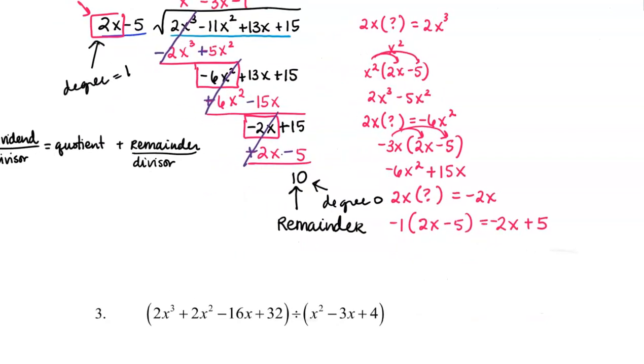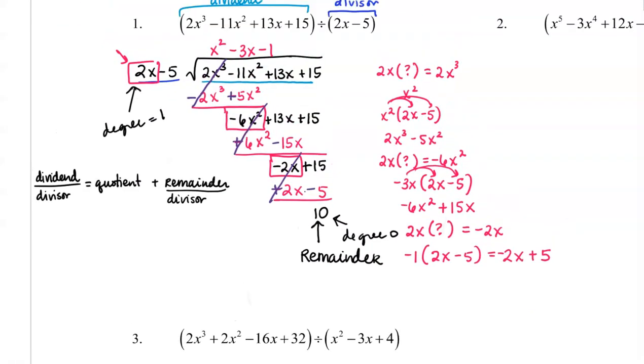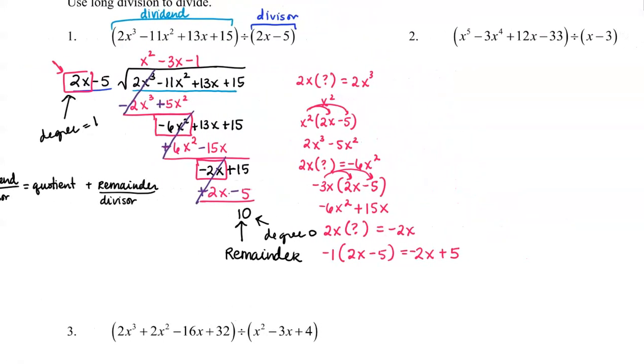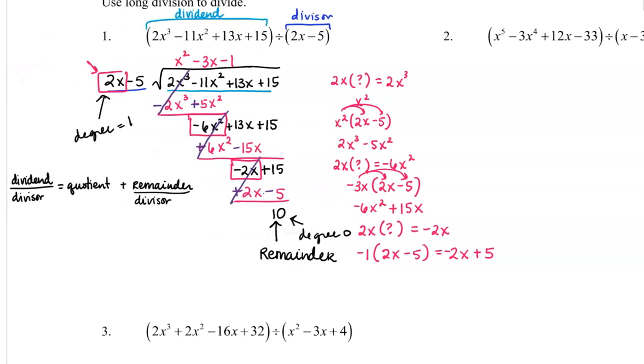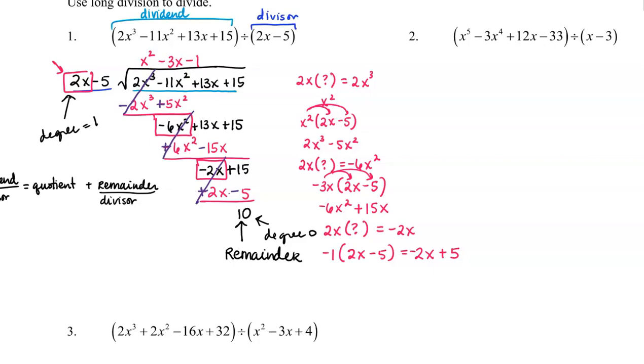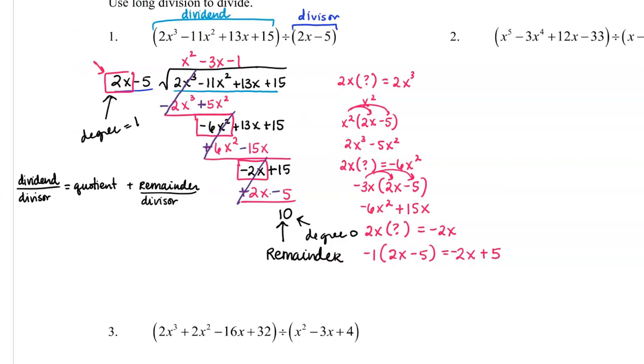So now we have all of the pieces that we need to write our final answer. Generally speaking, for a division process, the final answer is going to look like the quotient plus the remainder over the divisor. So we started with our dividend of 2x cubed minus 11x squared plus 13x plus 15.